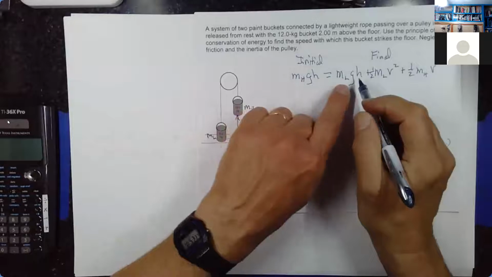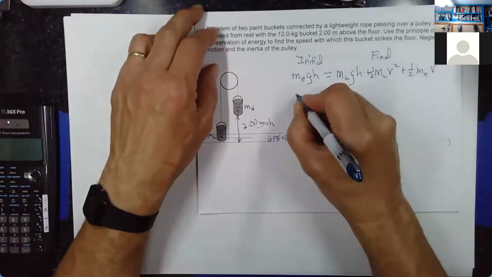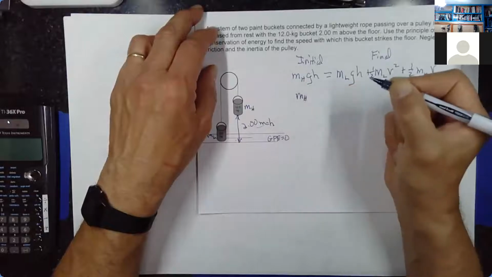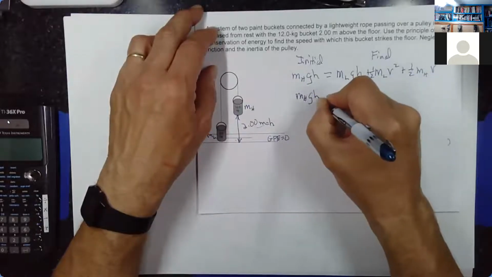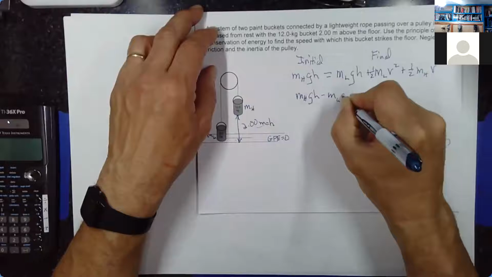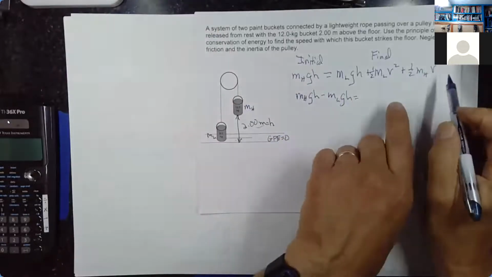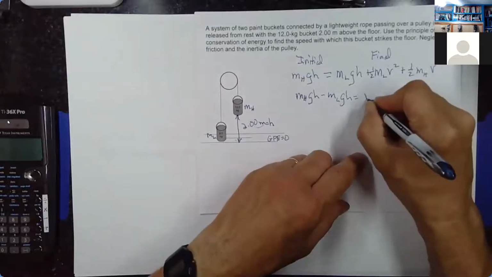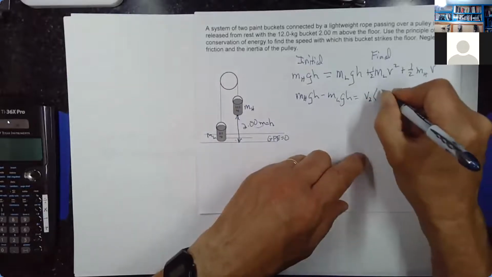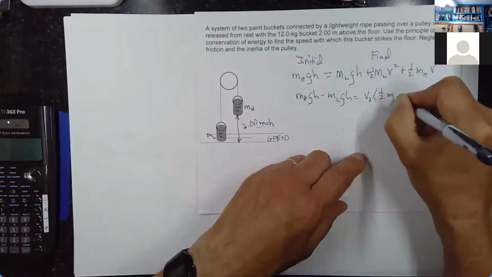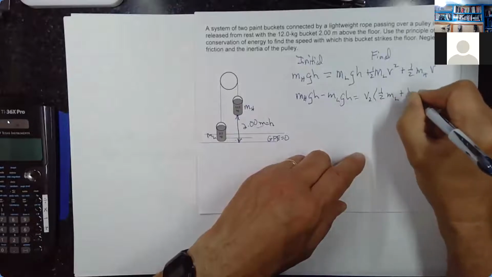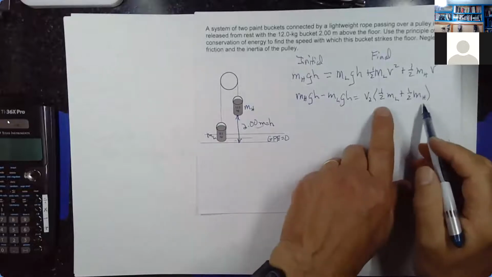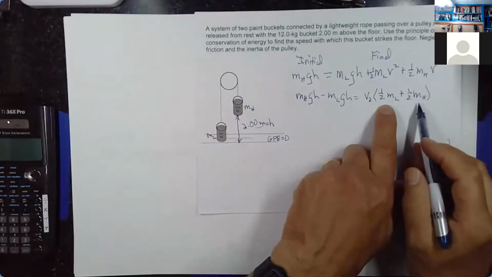Let's see, if I subtract M sub L GH from both sides, I'll have M sub H GH minus M sub L GH is going to equal, I'm going to factor the V squared out of these two terms, V squared times 1/2 M sub L plus 1/2 M sub H. And then I would divide both sides by this.